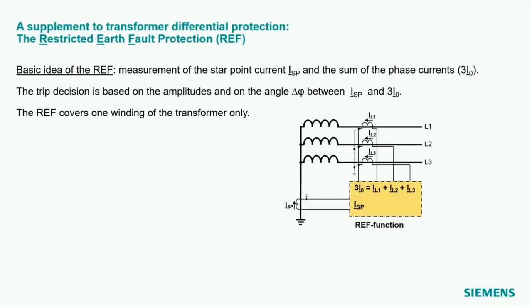And the idea is there: you design this restricted earth fault protection for one side of the transformer only. You measure the star point current and you measure the phase currents, and then you set up an algorithm based on these measurements.